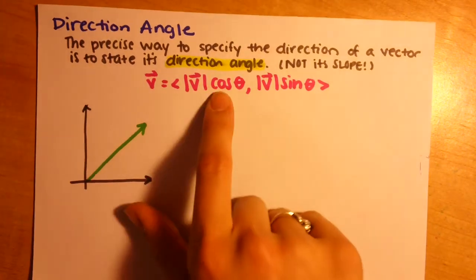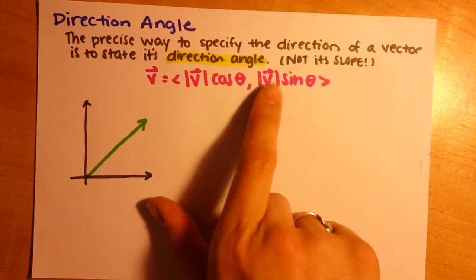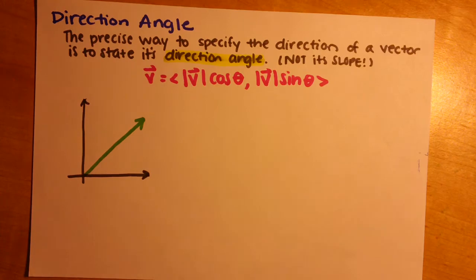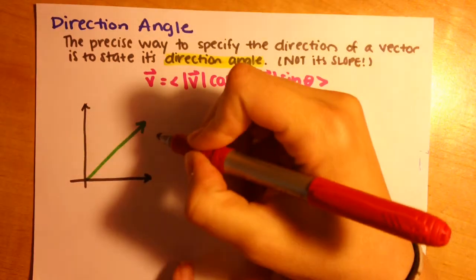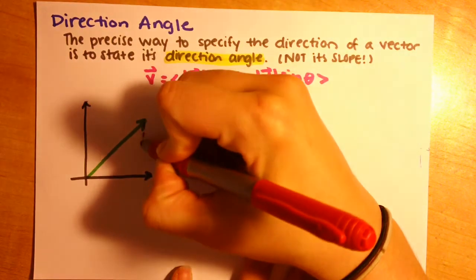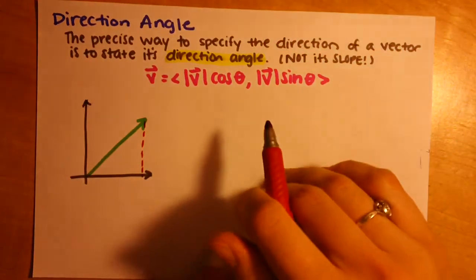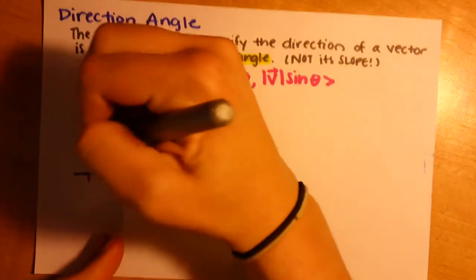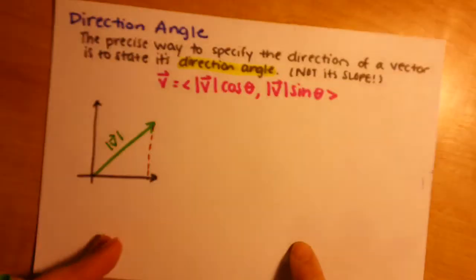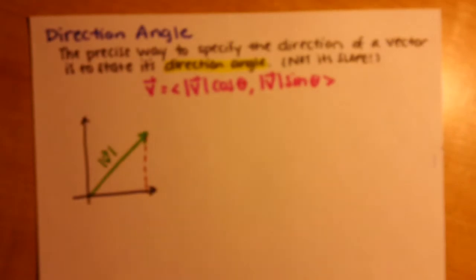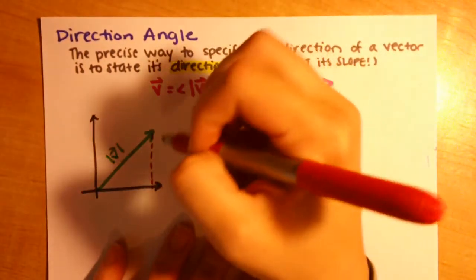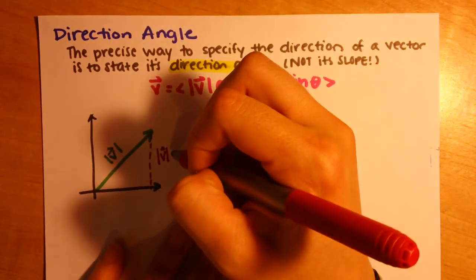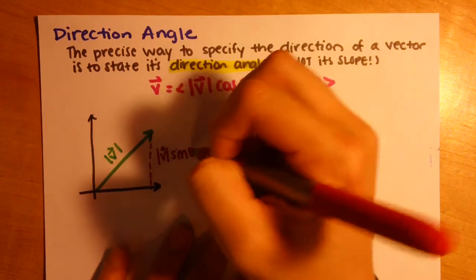Now, to find that, our vector with direction angle will be the magnitude of the vector times cosine of the angle, and the magnitude of the vector times sine of the angle. Where that comes from is, if this is our vector in standard position, we can drop down here. This y component, or vertical component, is the magnitude of v times sine of the angle.